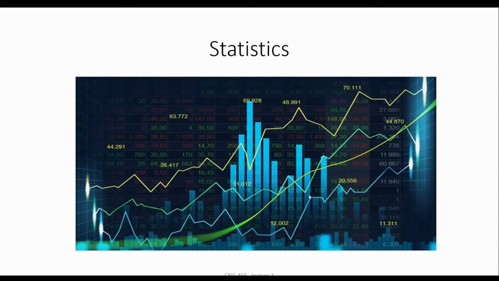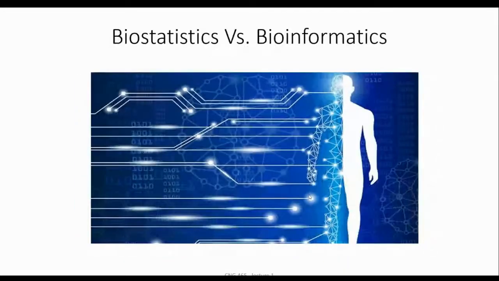And statistics. Statistics is related to analyzing data, but not just that. The process from collecting data to even reporting data is included inside statistics, even summarizing your data. So we should know statistics in order to solve many problems in bioinformatics as well.